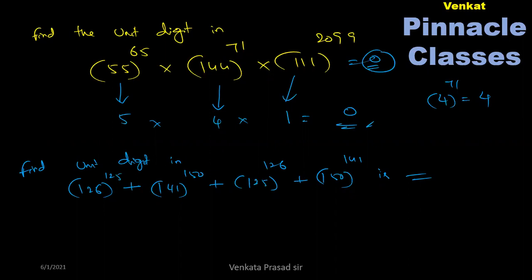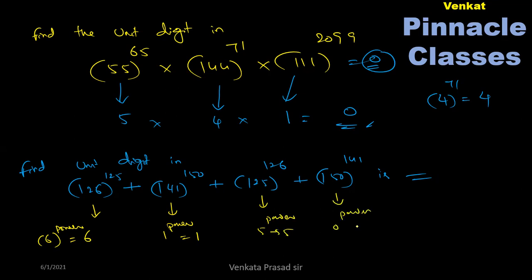Anyone remaining? Now see individual solution. What is the unit digit of this number? 6 power anything, 6. 1 power anything, 1. 5 power anything, 5. 0 power anything, 0.